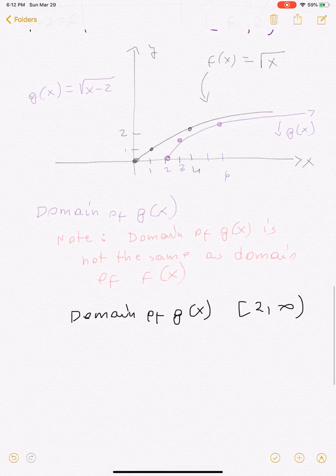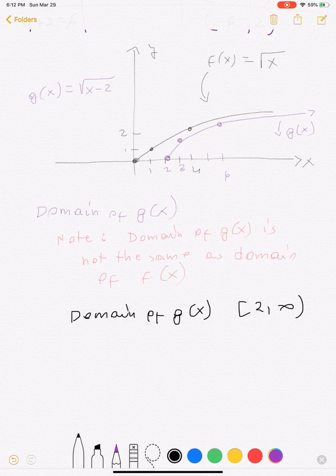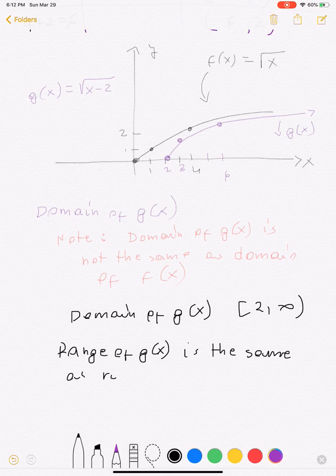Now range of g of x is the same as range of f of x, which is original function, since, like you see, there was no change regarding y values.